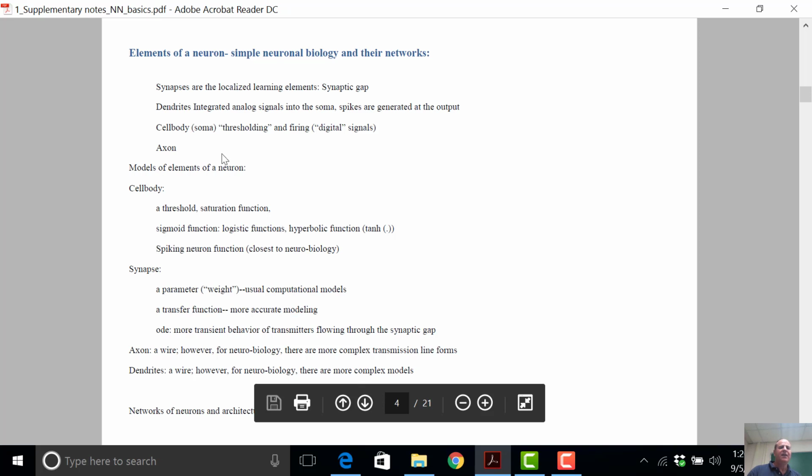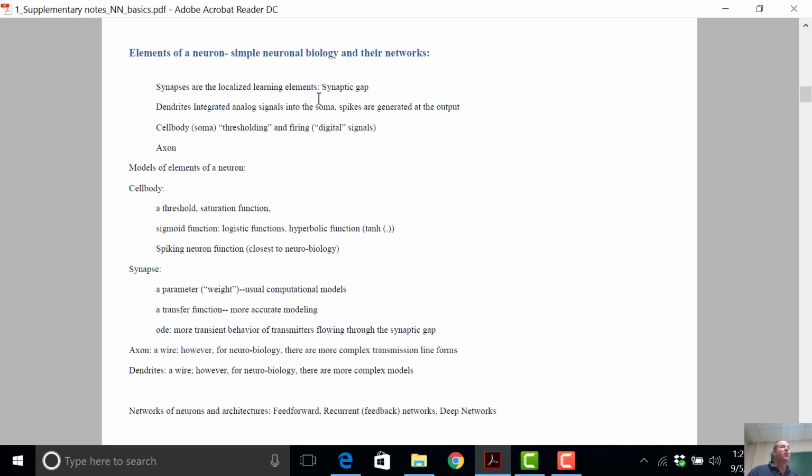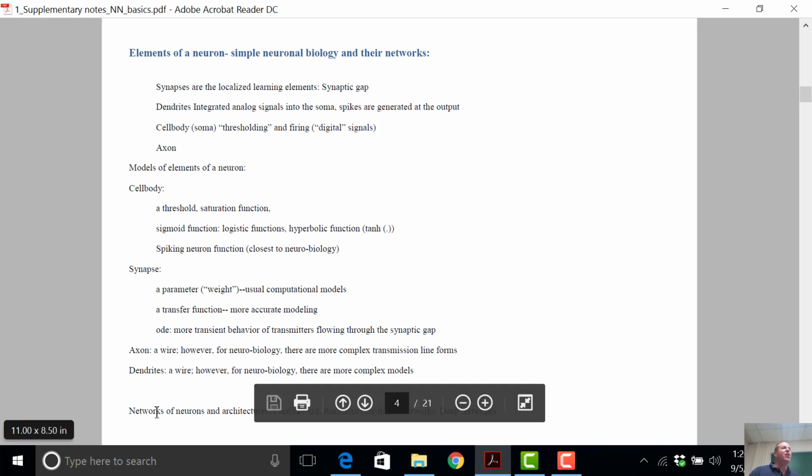So synapses are localized learning elements. So presumably, the learning capacity is localized at every synapse of every neuron. Dendrites integrate analog signals, and we tell you the spiking it would have. So this is just a summary of things that I'm mentioning, and then here I'm giving you some properties, things that we know.